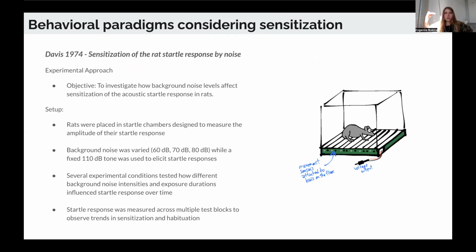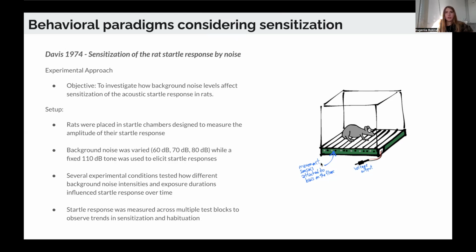It was a constant background noise, not a noise pulse. On top of that, they presented a tone that was 110 decibel, so it's quite loud for animals. And then they studied the startle response.